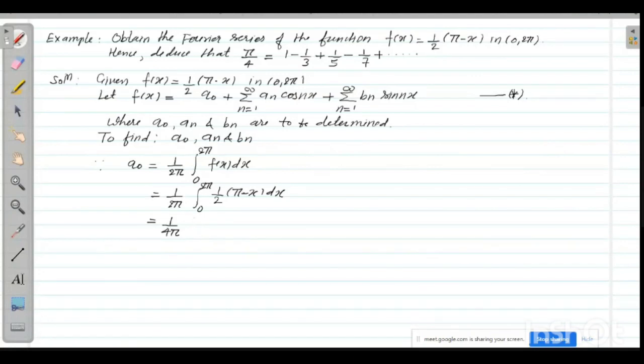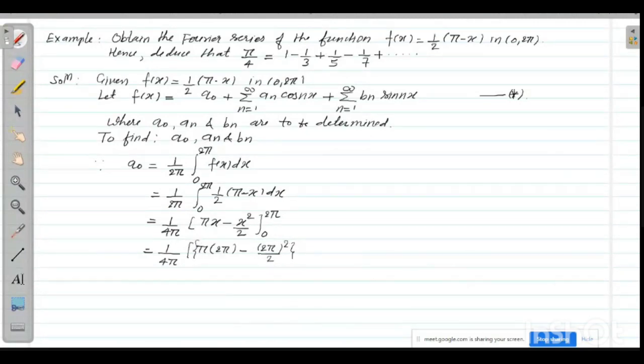Now integrate this. Integration of dx is x, minus integration of x, which is x square by 2, now providing limit 0 to 2 pi. So this is equal to 1 upon 4 pi and provide the upper limit, that is pi into 2 pi minus 2 pi square by 2.